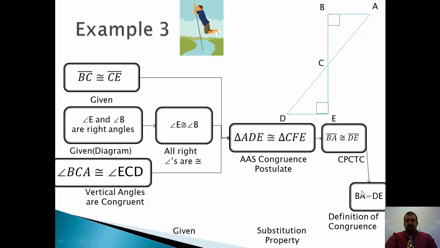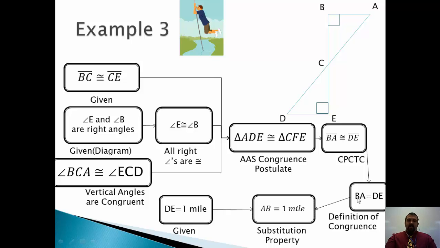Length of segment BA equals length of segment DE, and that's the definition of congruence. That given that I've waited to write down is right here now. If I know that the length of segment DE is 1 mile and I know that the two lengths are equal, I know that the length of segment AB has to be 1 mile. And that's a substitution property.